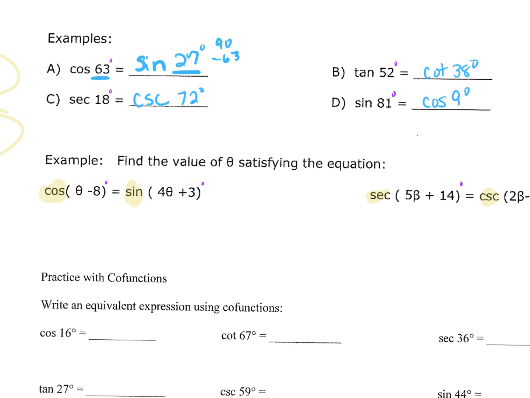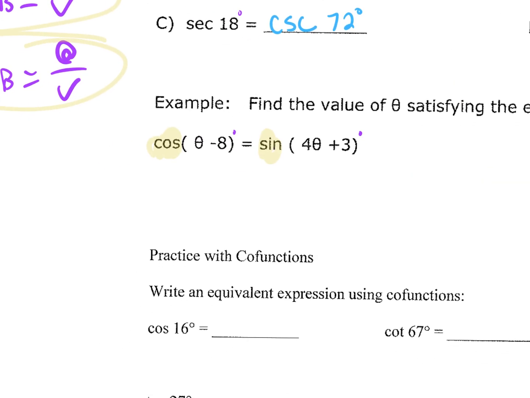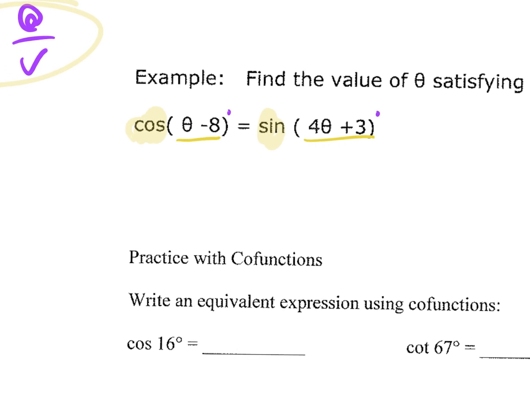We've got cosine and sine, so we know those are co-functions. And what do we know about co-functions? Well, co-functions are complementary. In other words, this angle plus this angle has to be equal to how much? 90 degrees. So we're going to say theta minus 8 plus 4 theta plus 3 has to be equal to 90 degrees. And we're going to solve.